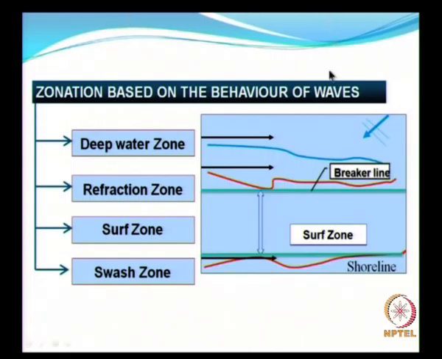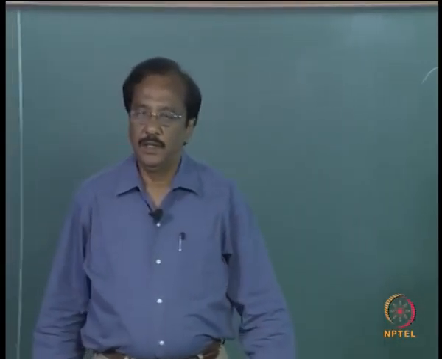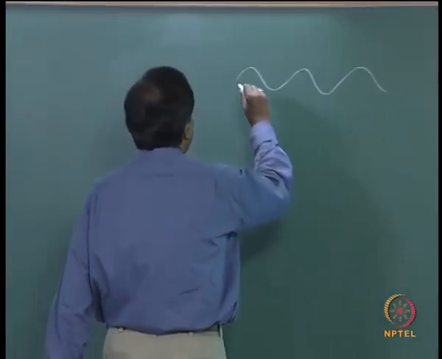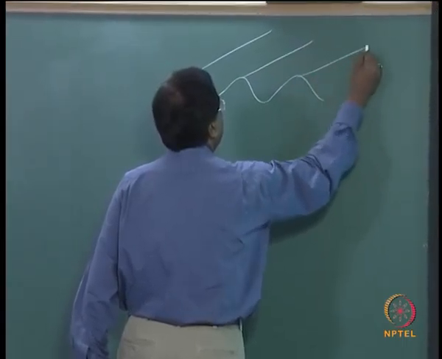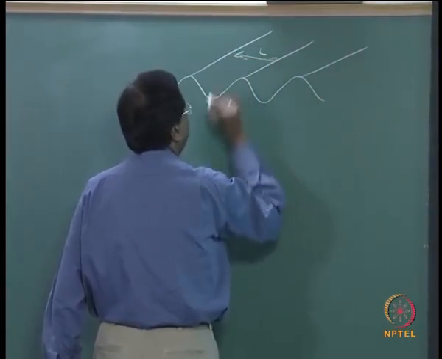The first zone is the deep water zone, wherein the wave crests are parallel to each other. Some books or researchers call them wave fronts. That is in plan; in elevation you represent waves like this, which when you see from plan will look like this, and this is the wavelength.